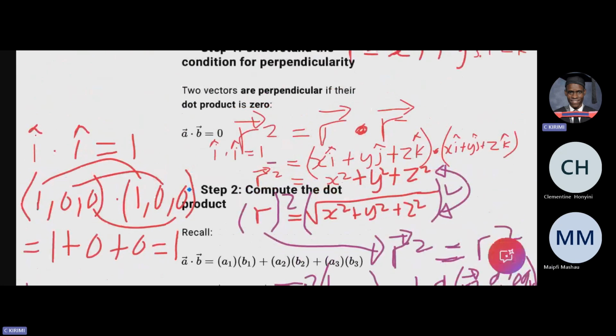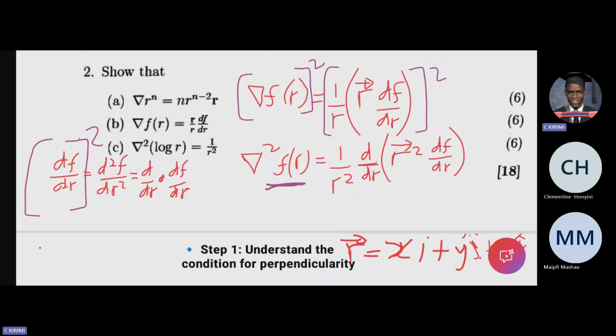So that is what B is telling us: whenever you find a function of r, grad f of r, this is what you do. But our question now is not asking for grad f of r. It's asking for grad squared of f of r. So whenever you find grad squared of f of r, you say 1 over r squared multiplied by d dr of r as a vector, df dr. That is our rule.